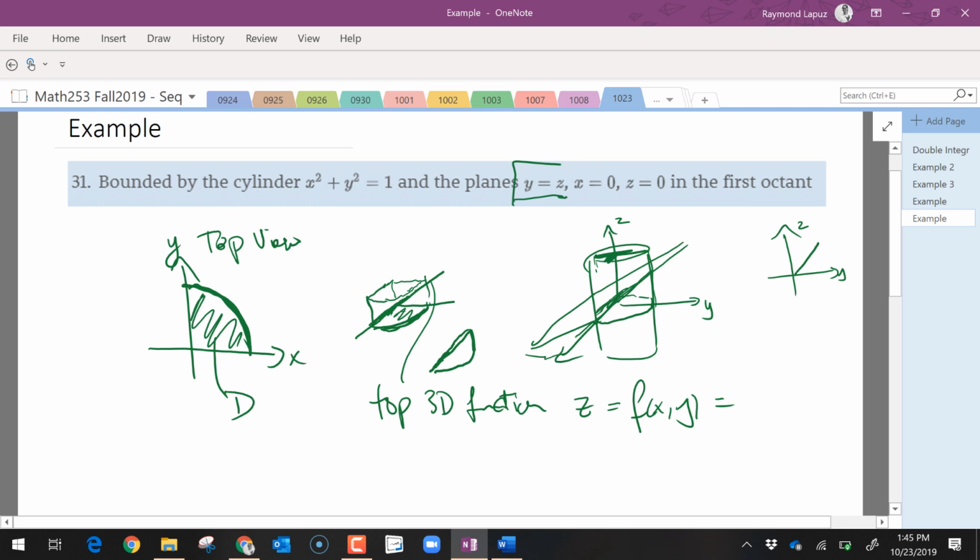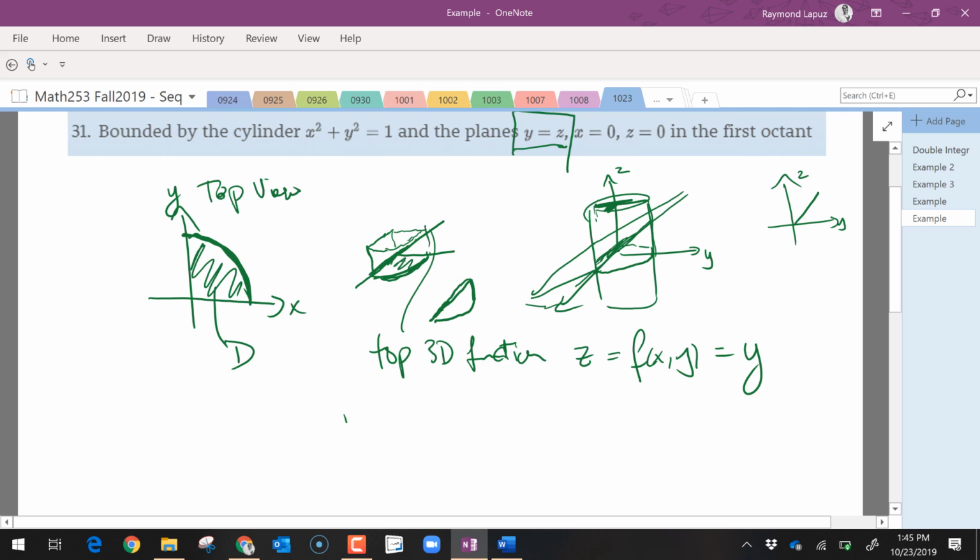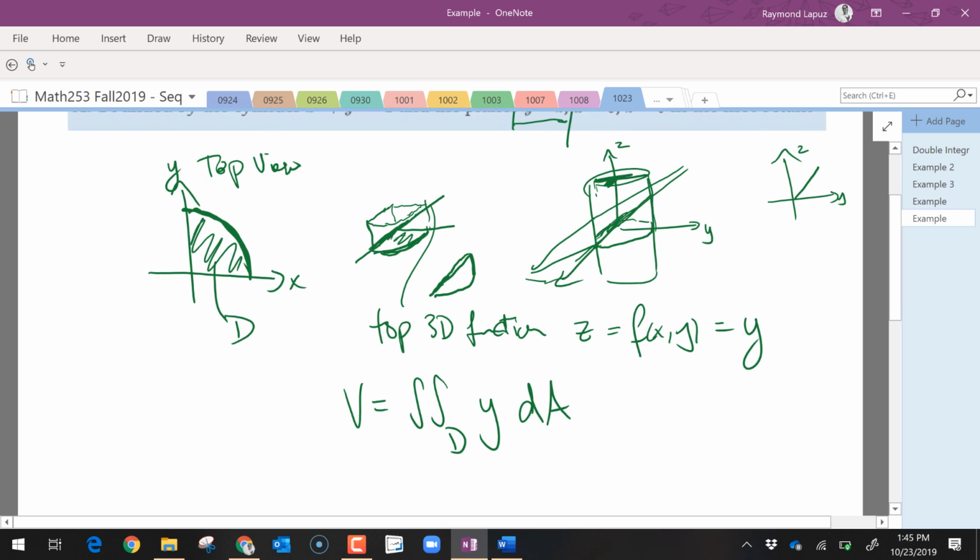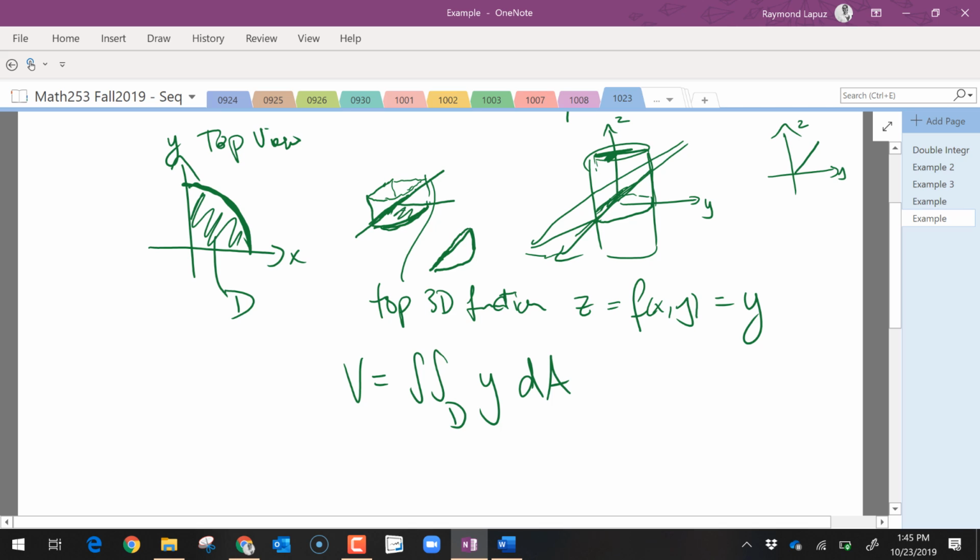That's the plane right here: z is equal to y. There's no x, for some reason this didn't depend on x, but that's okay. So this is the integrand, and the volume is the double integral over D of y dA. Now we just have to figure out what D is.